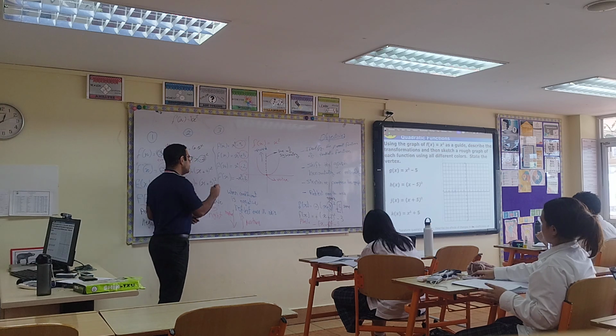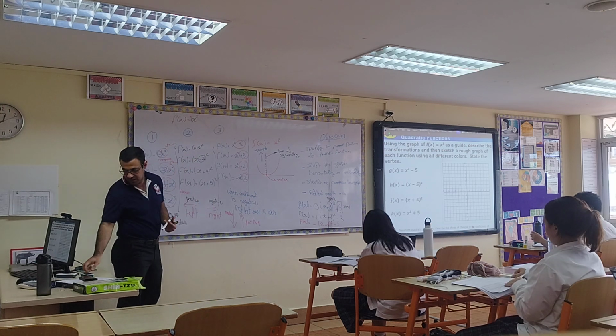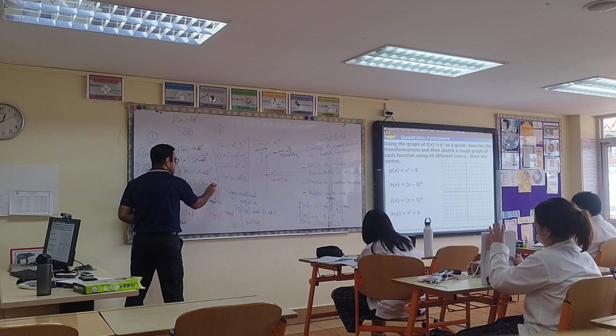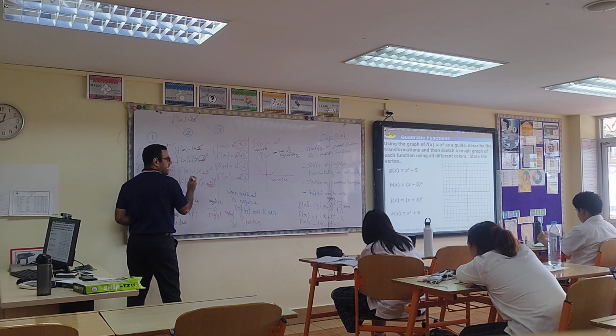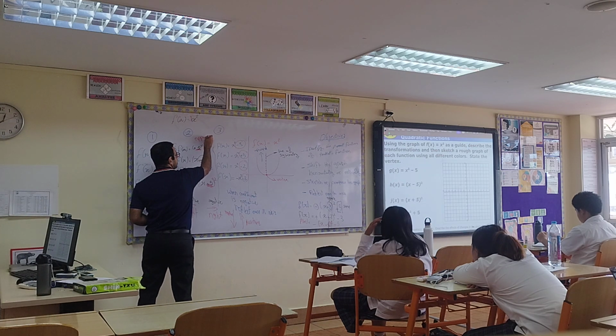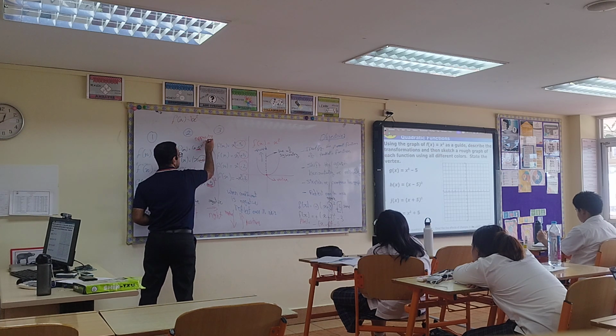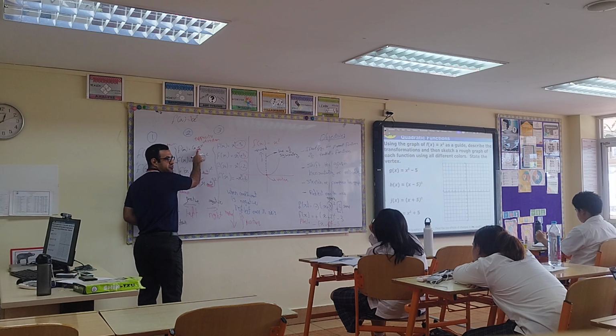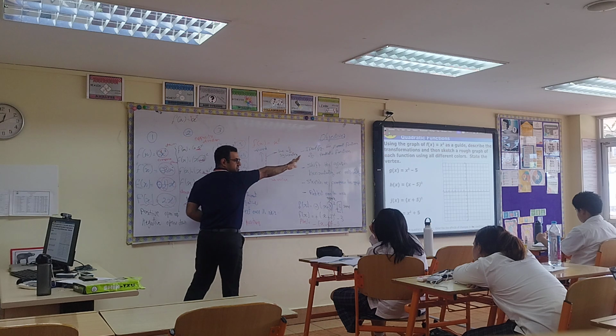We did group 2, when I have a number with -2, the number inside the brackets is going to go in the opposite direction. So when I have -3, it will go to the right.